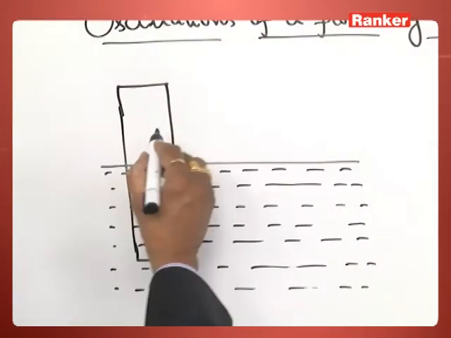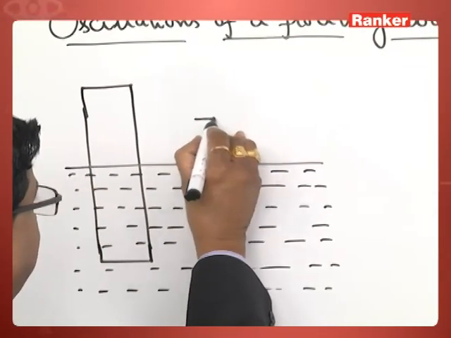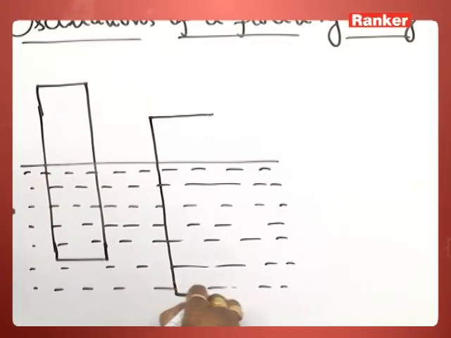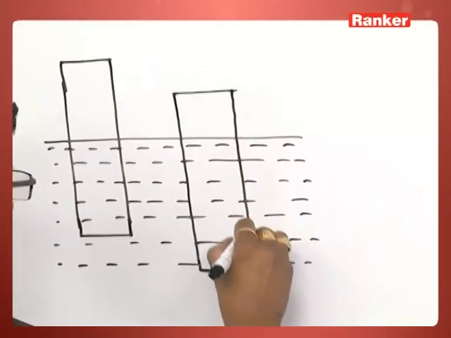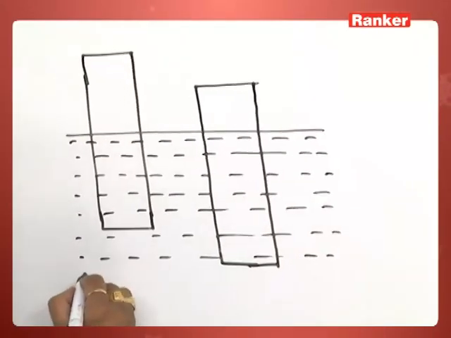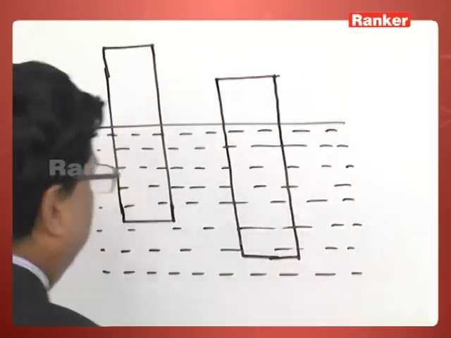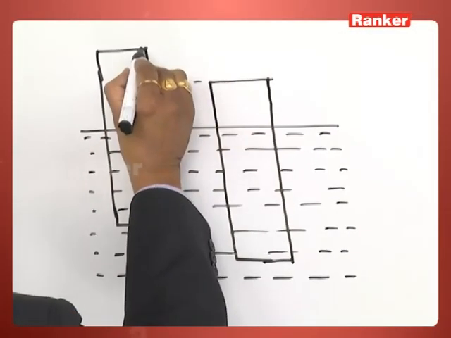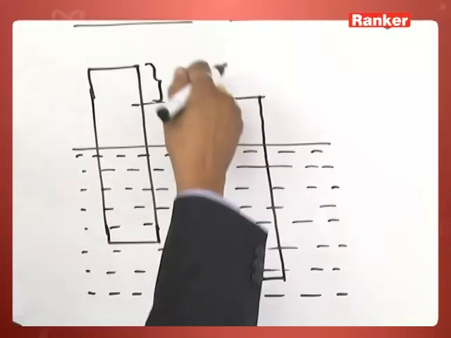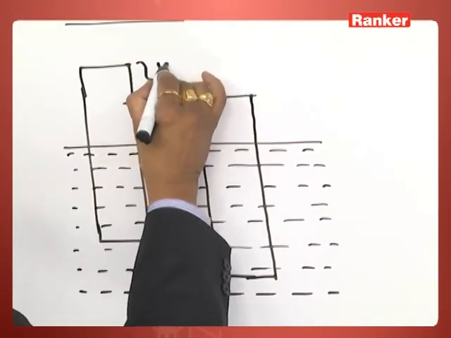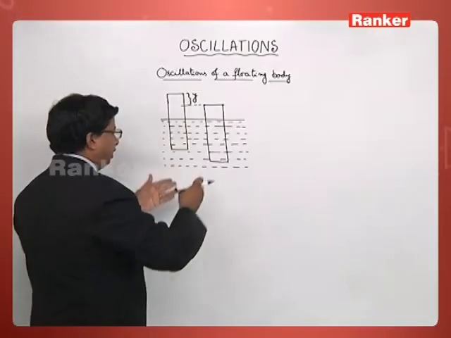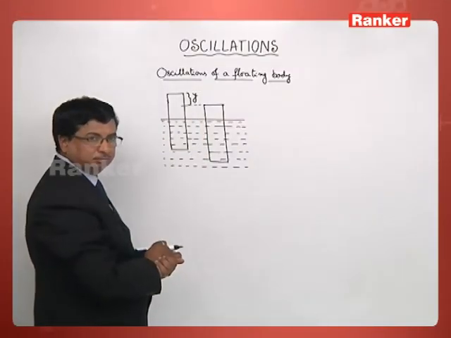Let us consider this way, it has been just compressed like this. It is just pushed into water like this. This is all water what we are having. Then you can surely understand this distance, what is the push you have given, that we can consider as displacement in the vertical plane, that is y.